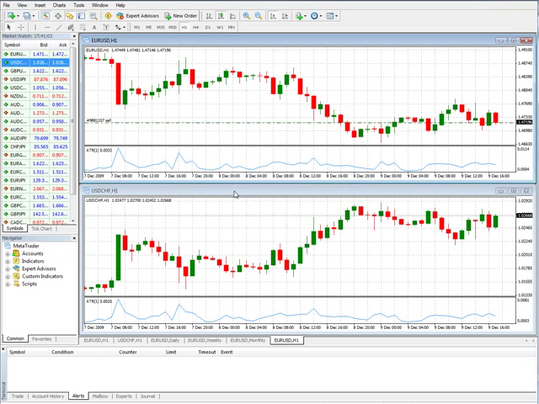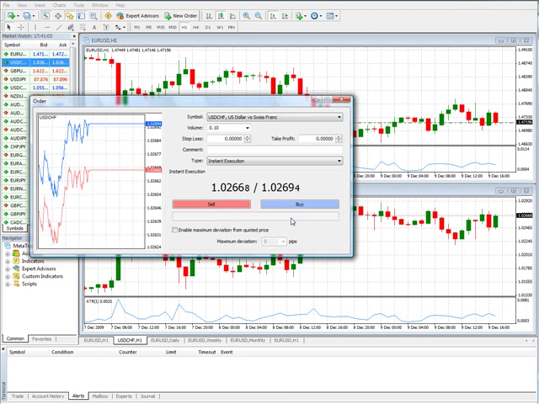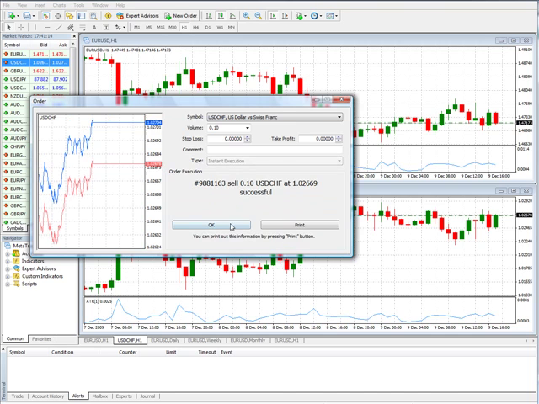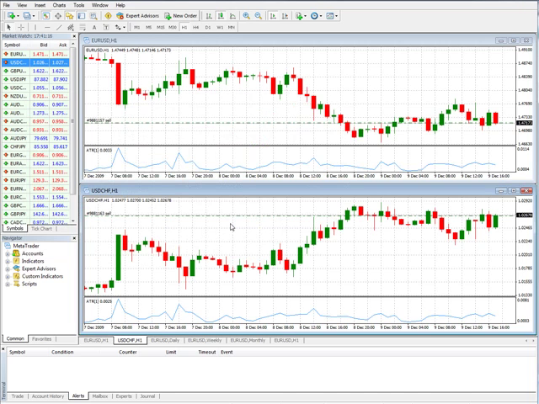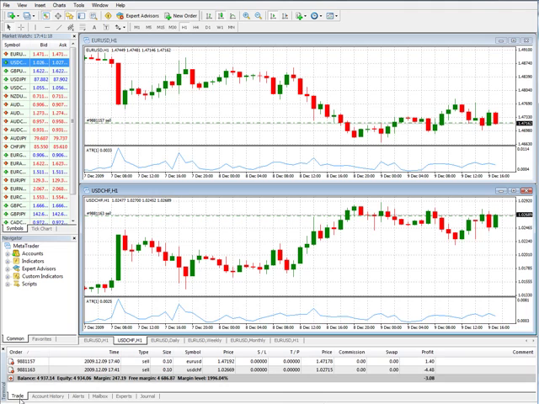I've sold that. Now what I'm going to do is I'm going to immediately go down here and I'm going to sell the US dollar Swiss franc. Okay, so I've sold that.